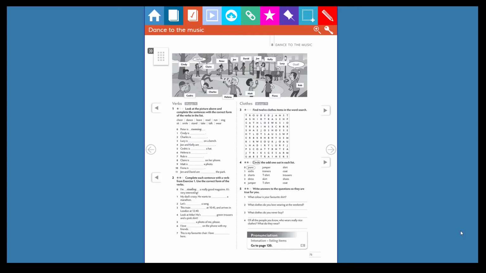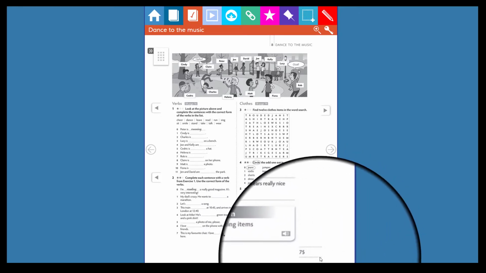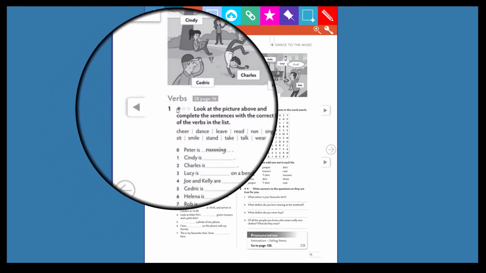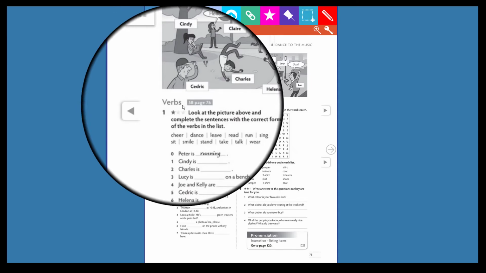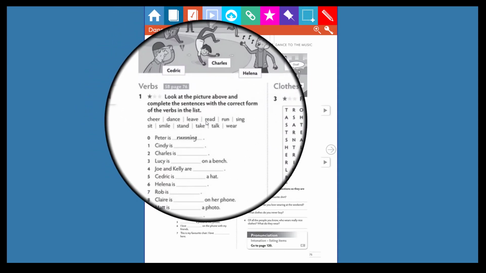Excellent. So now let's continue with an activity on the workbook. I need that you open your workbooks on page 75, please, because we're going to do activity 1, which is related to some verbs and the use of present continuous to describe pictures.